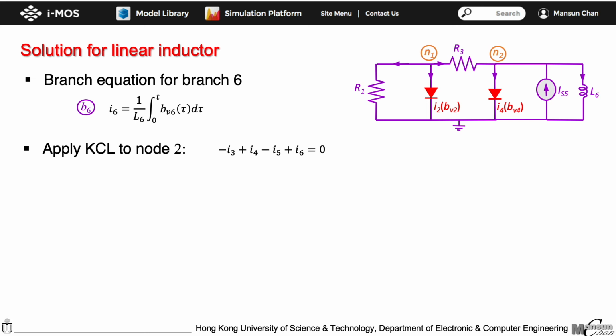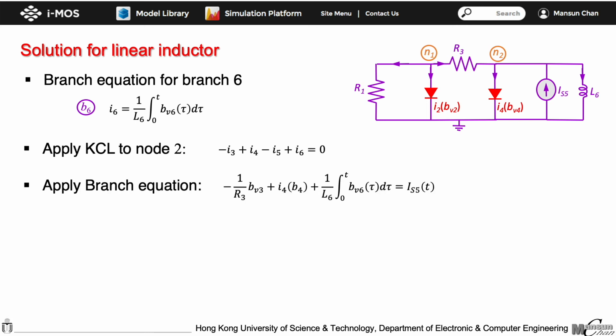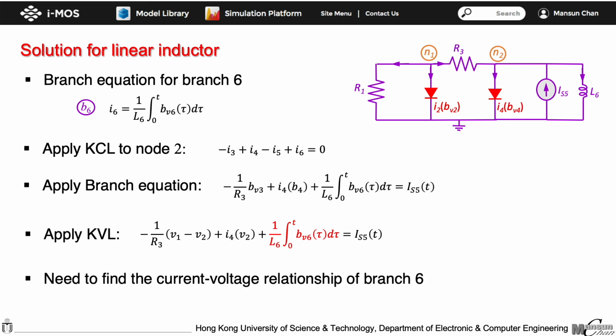Then, we apply the branch equations to the KCL. And we use KVL to express the branch voltages in terms of the node voltages. We still keep the branch voltage for the inductor branch. Similar to the capacitor case, we have to find the explicit current versus voltage characteristics of branch 6.